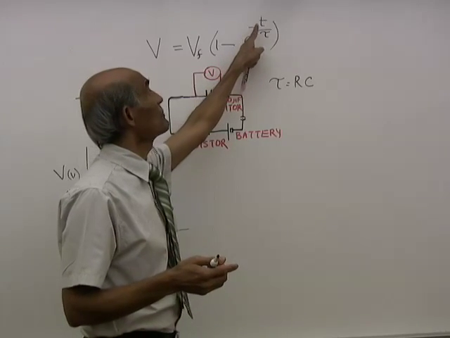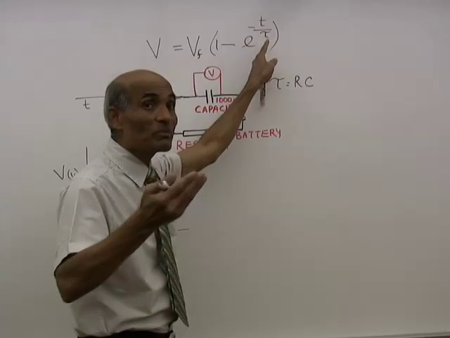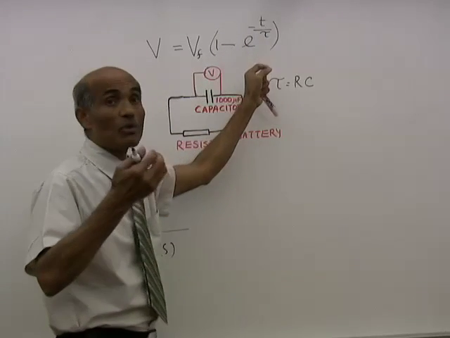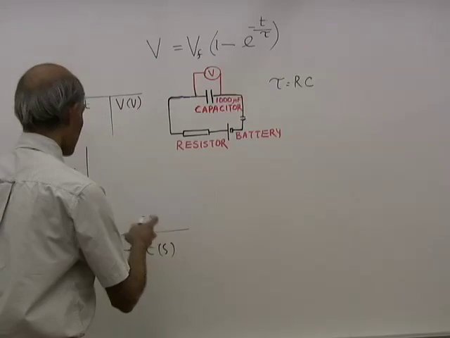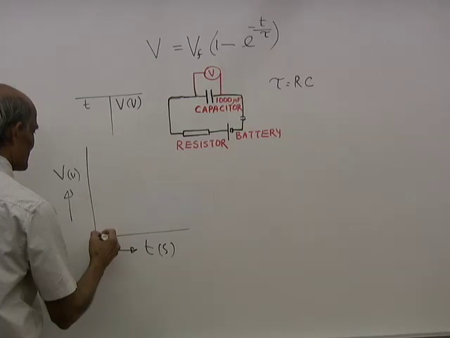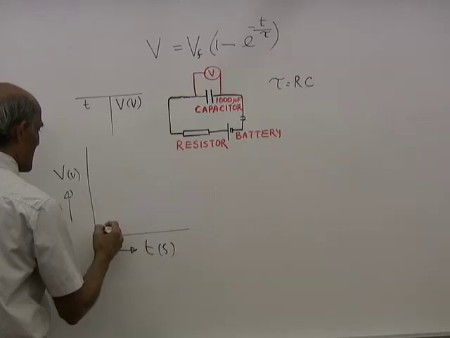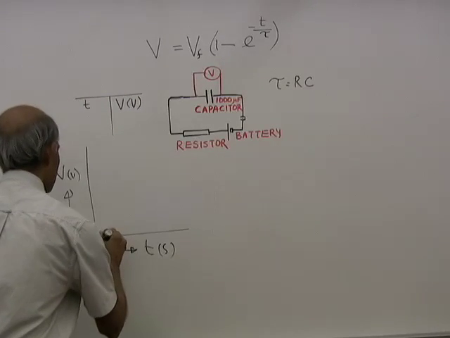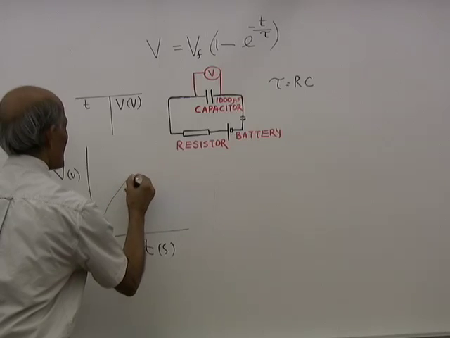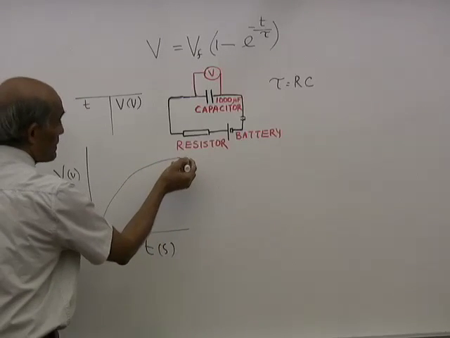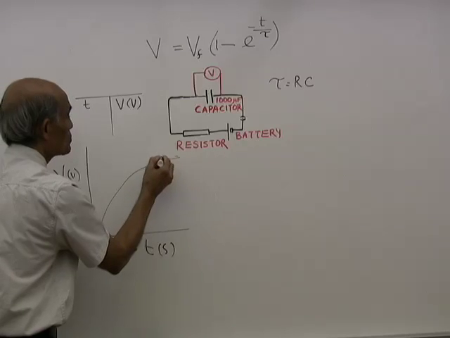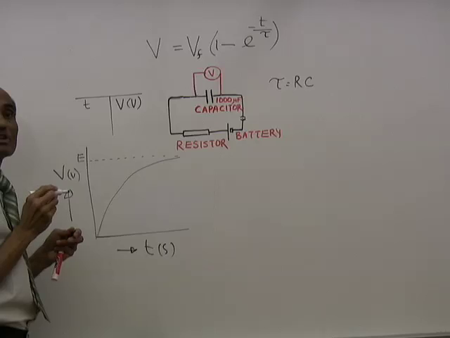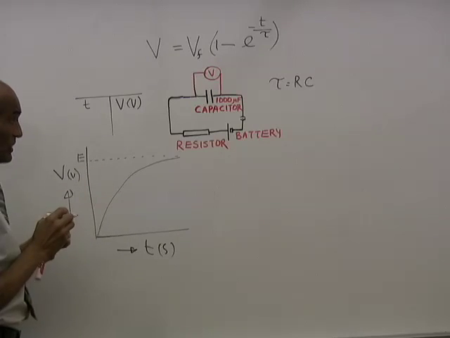E to the power of negative, a large quantity, will be very small. So 1 minus e to the power of negative t over tau will keep on increasing. So you have the graph going something like this, where it will asymptotically approach the maximum EMF, the maximum voltage, which is the EMF. So the graph will look like this.